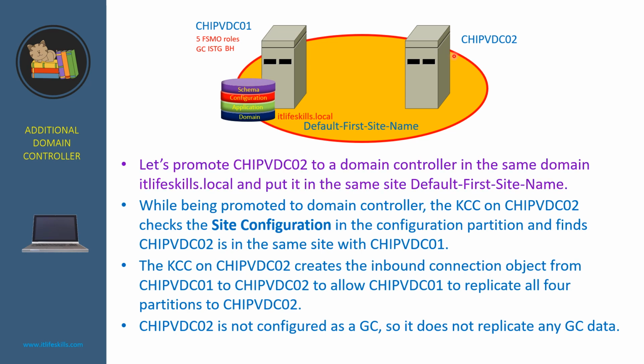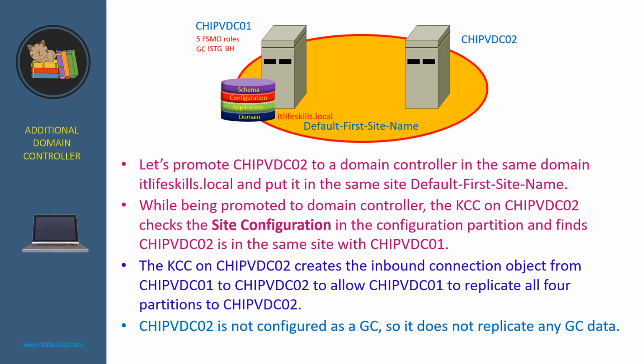Let's promote CPVDC02 to a domain controller in the same domain it-liveskills.local and put it in the same site, default first site name. While being promoted to domain controller, the KCC on CPVDC02 checks the site configuration in the configuration partition and finds CPVDC02 is in the same site with CPVDC01.